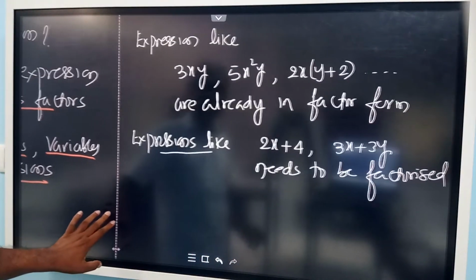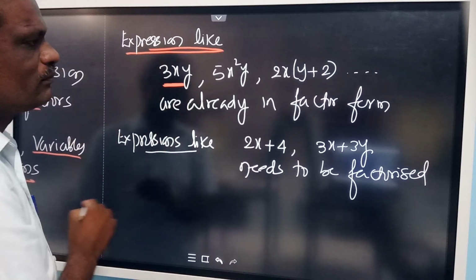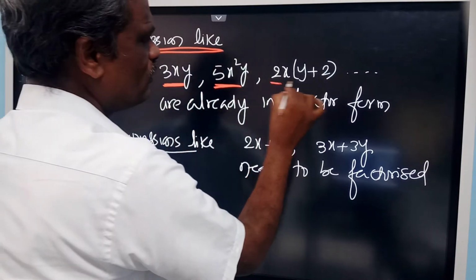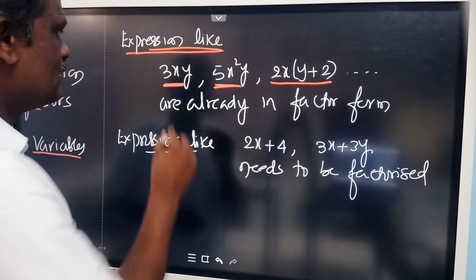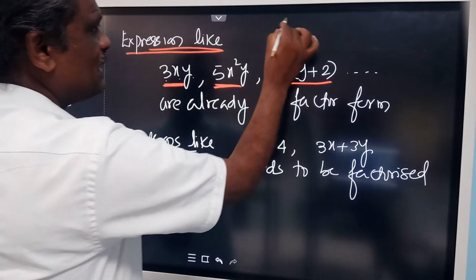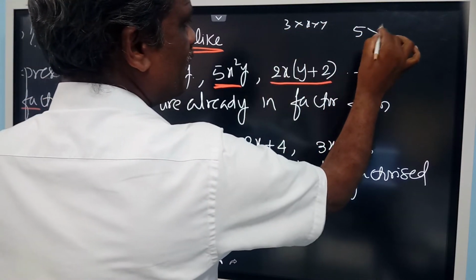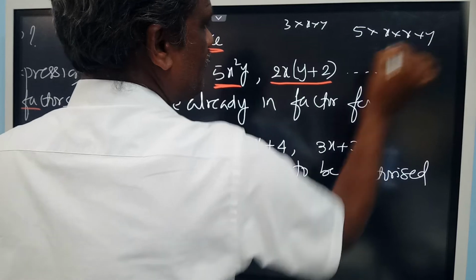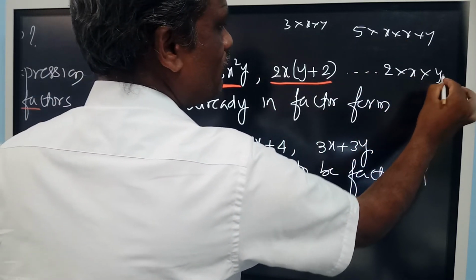Now look at certain expressions like 3xy, 5x square y, 2x into y plus 2. They are already in factor form. 3xy can be written as 3 into x into y, 5x square y can be written as 5 into x into x into y. Here again 2 into x into y plus 2.